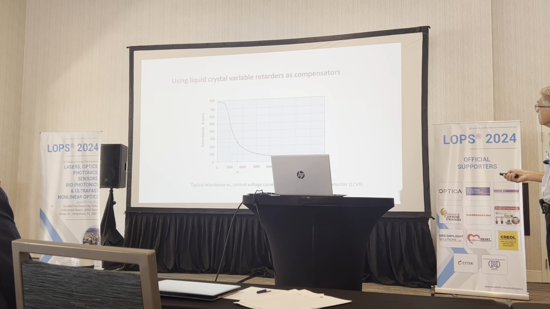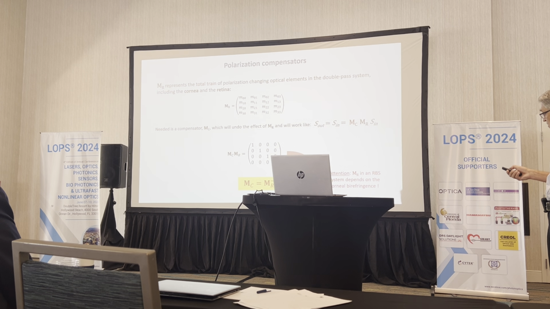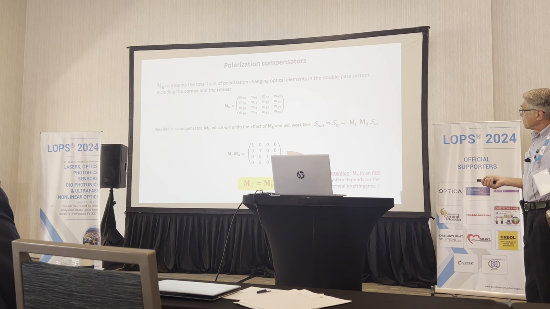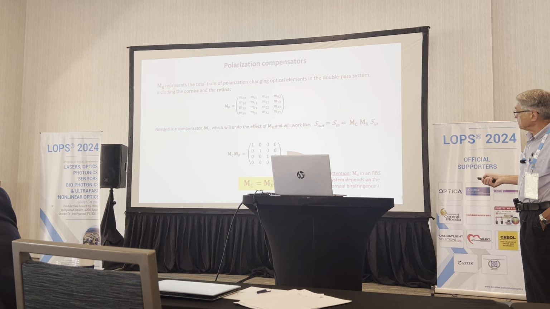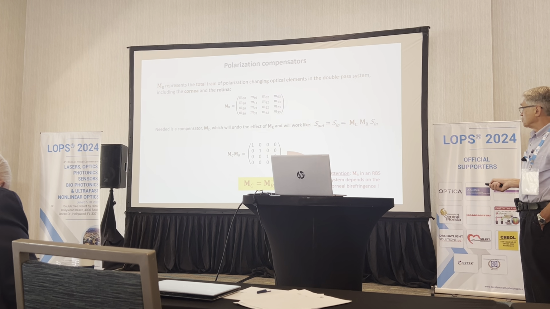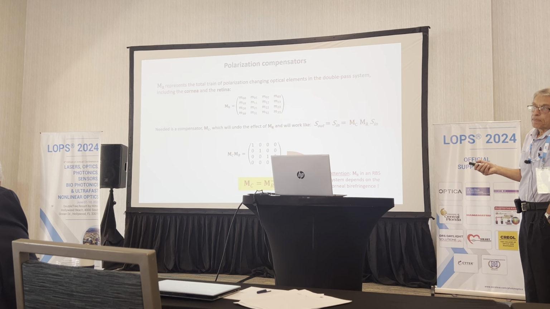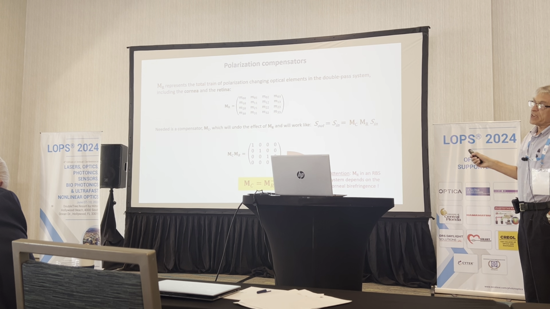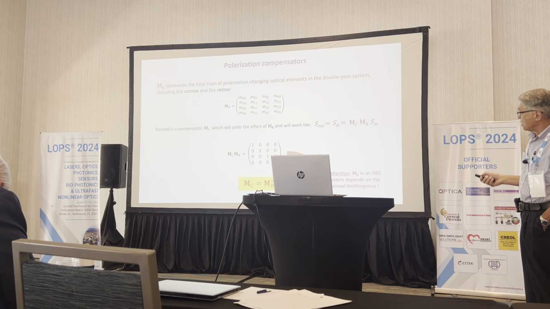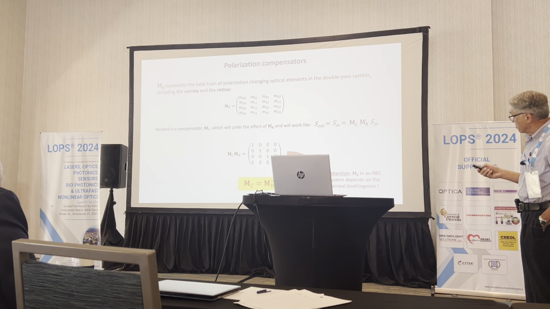And what we usually have is, when you measure your system, your Mueller matrix, you basically need a compensator which will make this. So the compensator is basically the inverse matrix of the train matrix that you want to compensate.